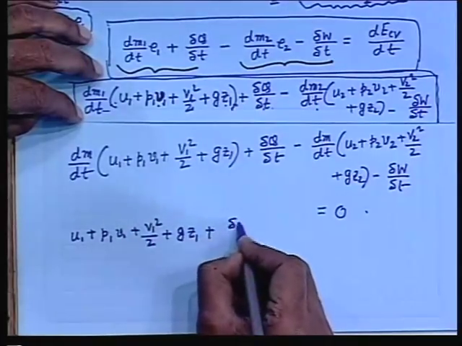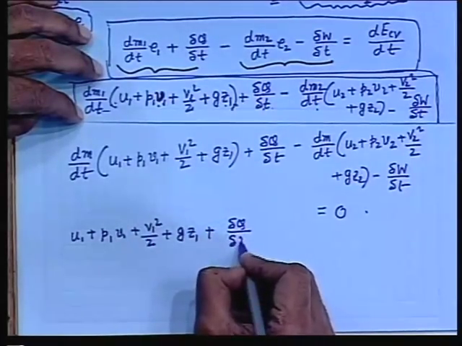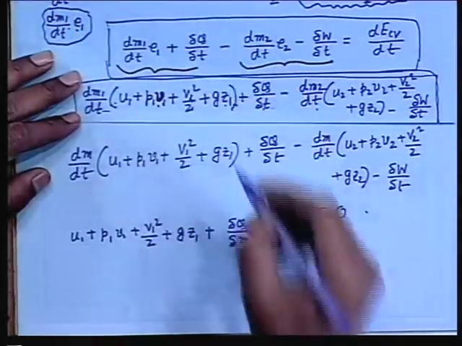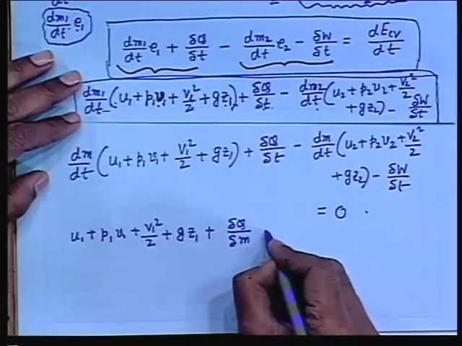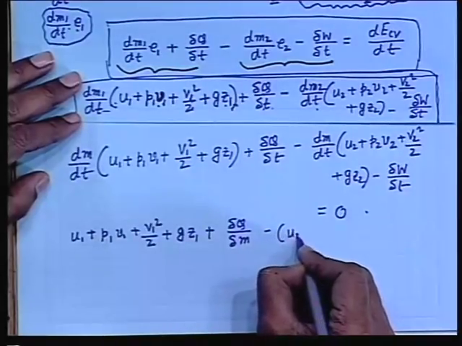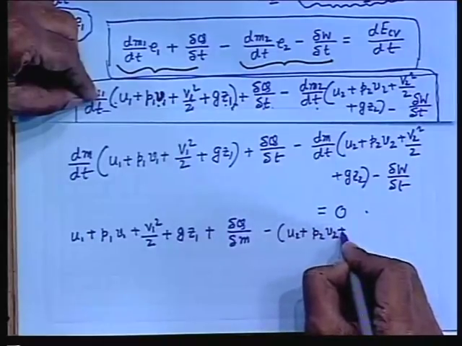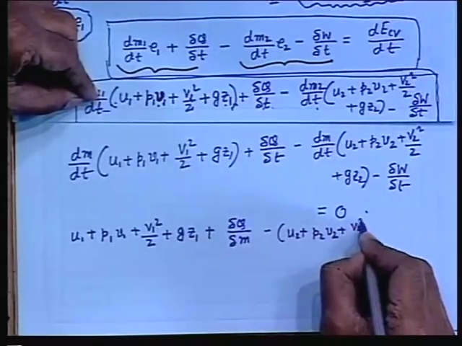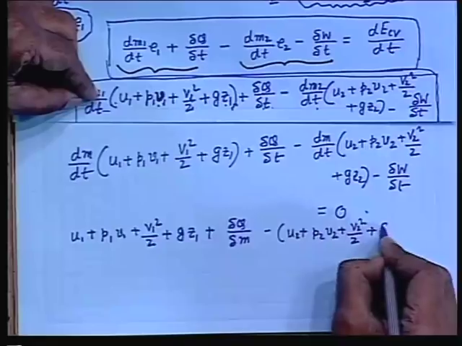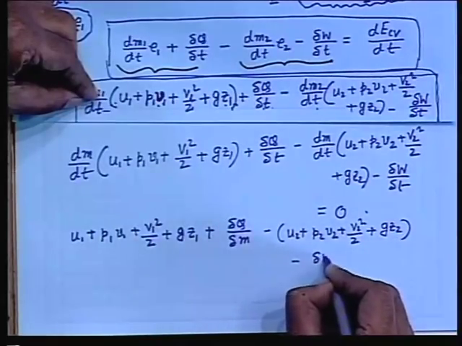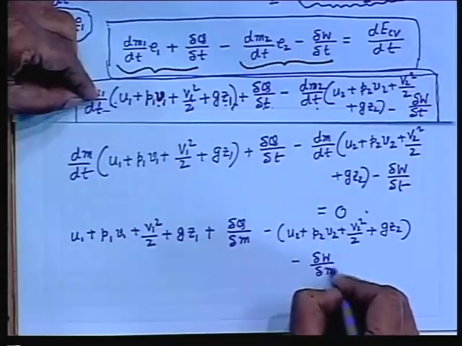Then this quantity will appear as dQ/dm, whose meaning is the heat transfer, or heat added, per unit mass. Heat added per unit mass, then minus (u2 + p2 v2 + v2 squared by 2 + g z2), minus dW/dm is equal to 0.